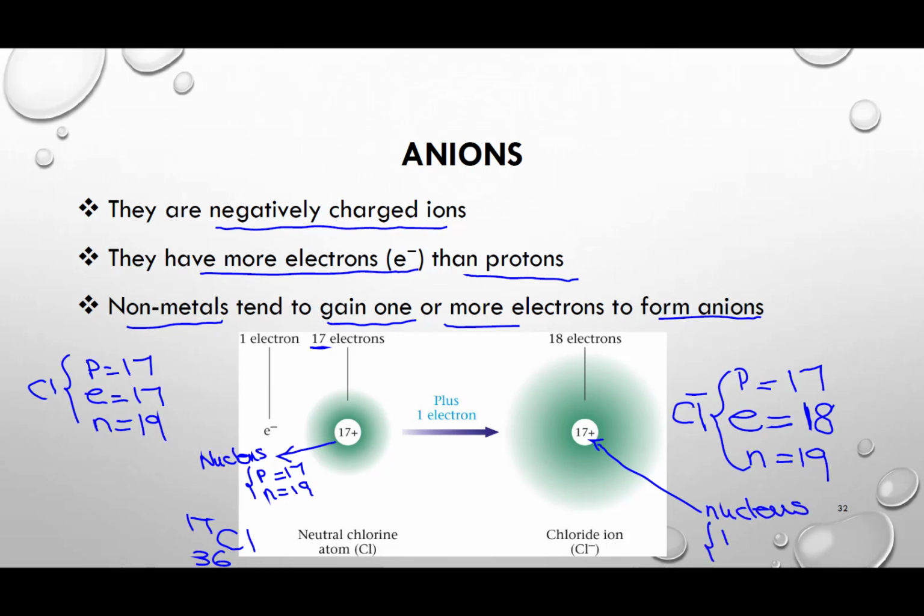And that's where the protons and the neutrons are. Remember, we can never ever touch the number of protons and neutrons. We can't touch the nucleus. And right outside is where the electrons are. You see it in the form of electron cloud. And you see the number is 18. Then if you compare the chlorine atom and chloride ion, as you could see, chloride ion has 1 more electron.